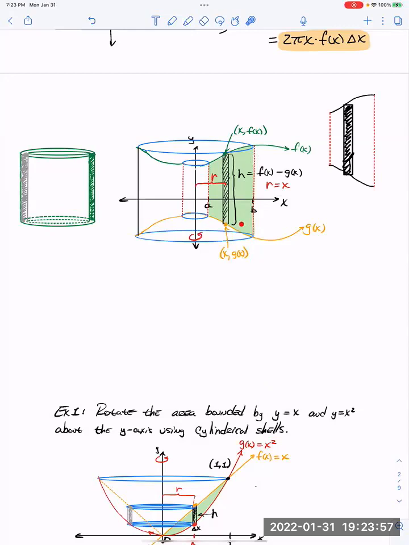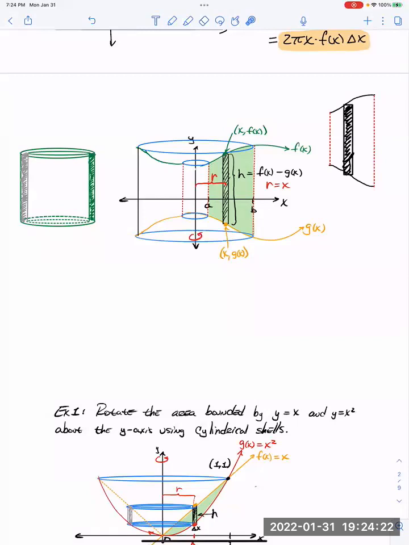But notice, you're asked to rotate the area bounded between a and b, not from 0 to b, but from this arbitrary value a to b. So this shape that's generated is going to have a hole in the middle. So that's a little harder one to see there.